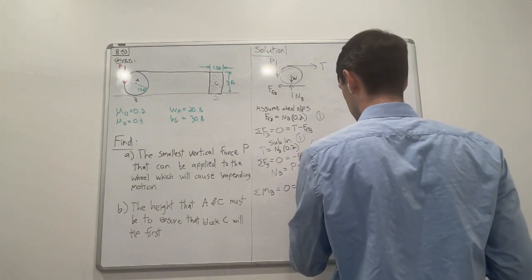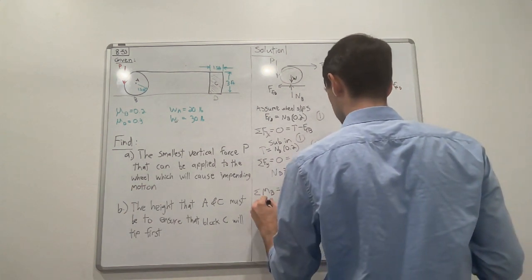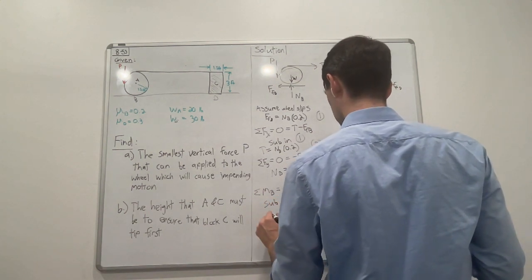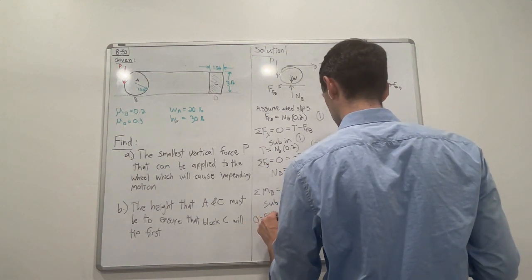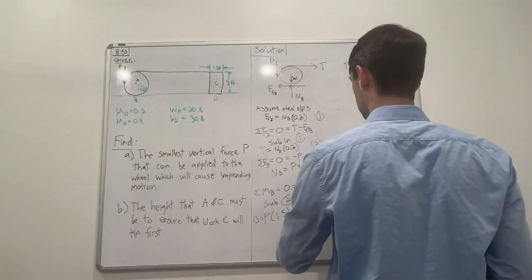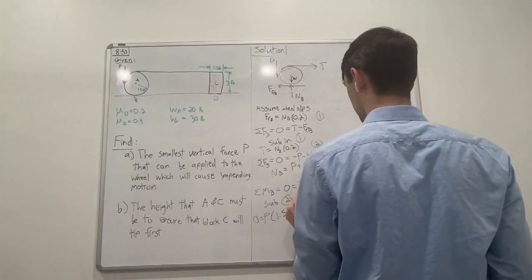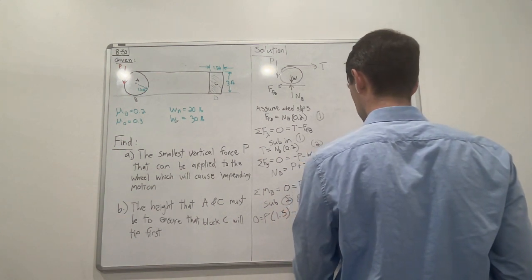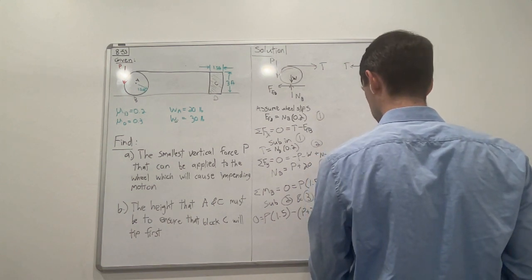And so I can substitute in. 0 equals P times 1.5 minus tension, which is really just NB times 0.2, and NB is P plus 20, so P plus 20 times 0.2 times 3.